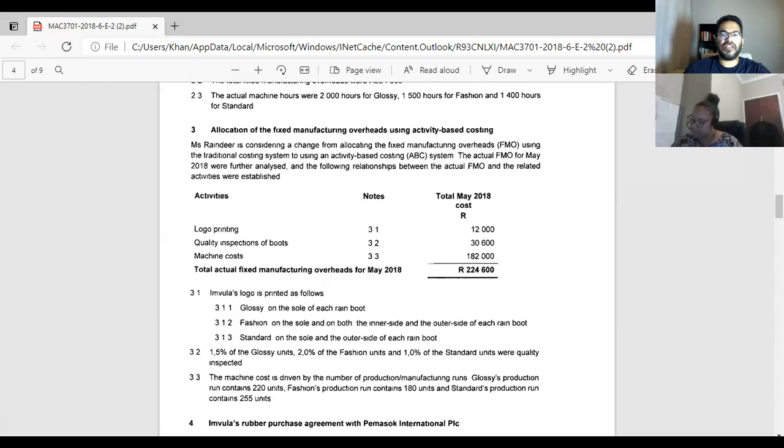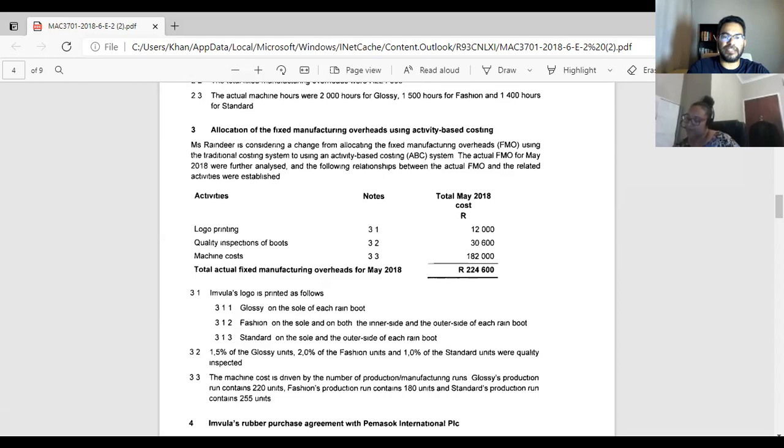The actual fixed manufacturing overheads for May were further analyzed, and the following relationships between actual costs and the related activities were established.